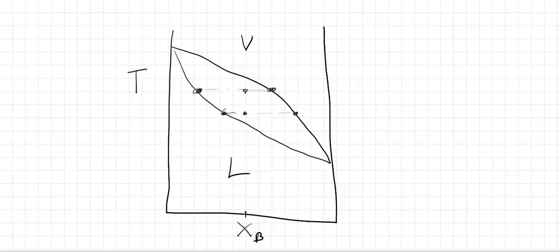The composition of the liquid and the vapor are not the same at the two different temperatures. So as I keep raising the temperature, I change the composition. But there's something else that's changing. What's changing is the relative amounts of these phases. As you can guess, if I keep going up, eventually I'll just get vapor.